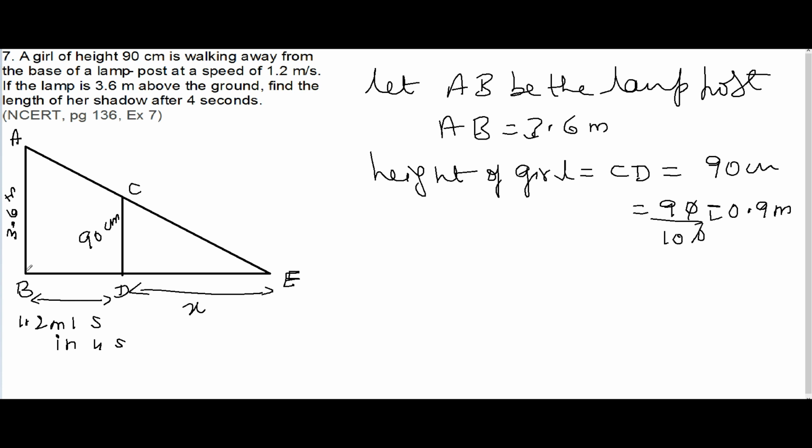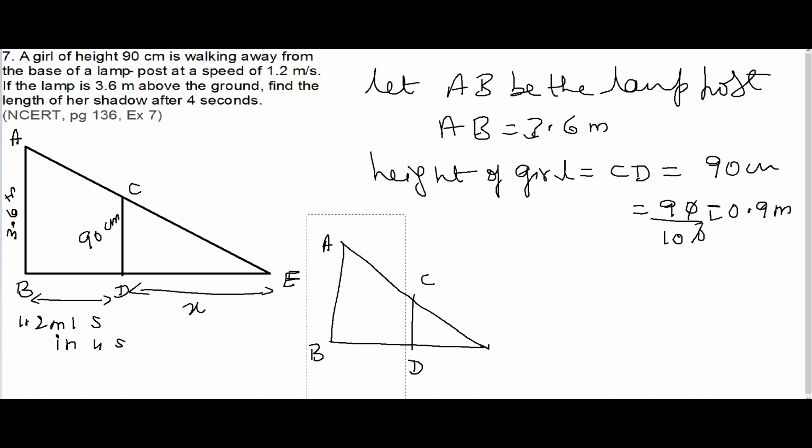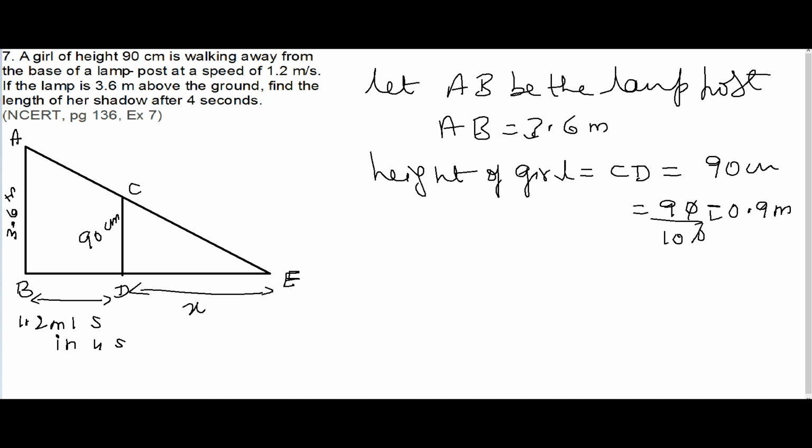Now, she is moving away from the lamp post, that means from B. So, suppose this is the lamp post and a girl is moving away. If I call this AB, and this one CD, then we can join this to find the shadow after 4 seconds. So, she has walked the distance BD.